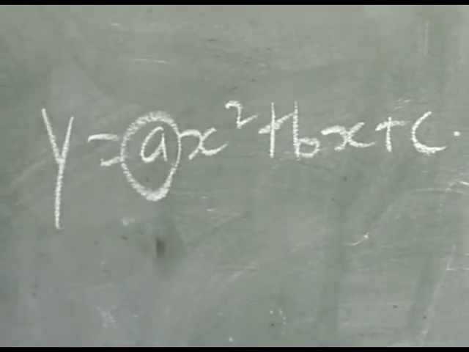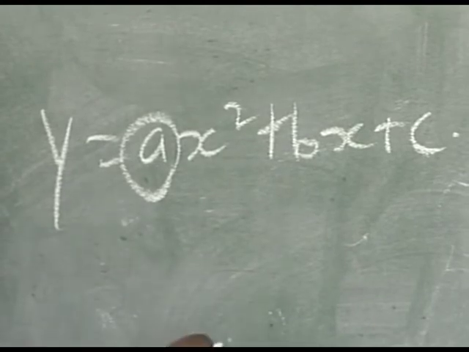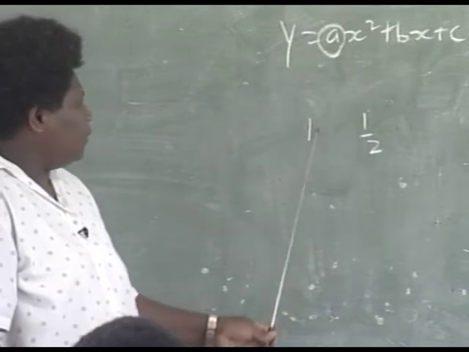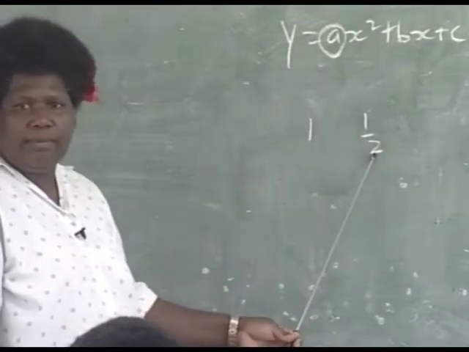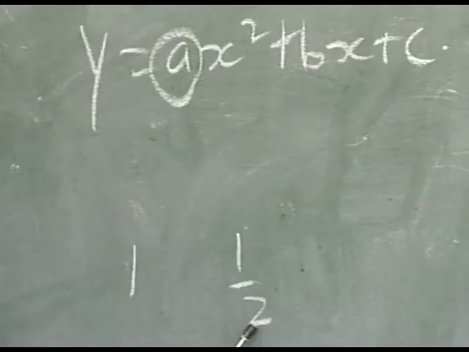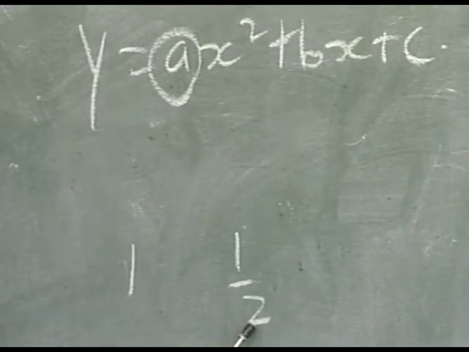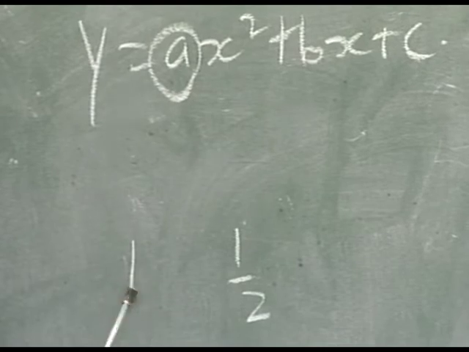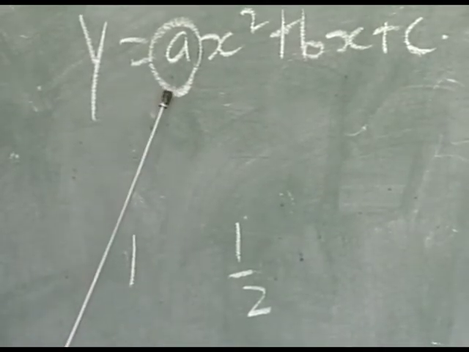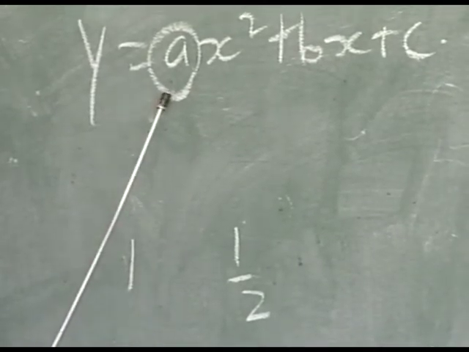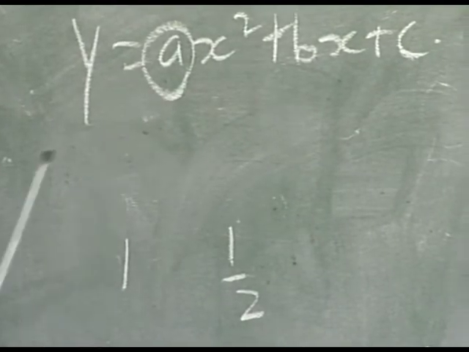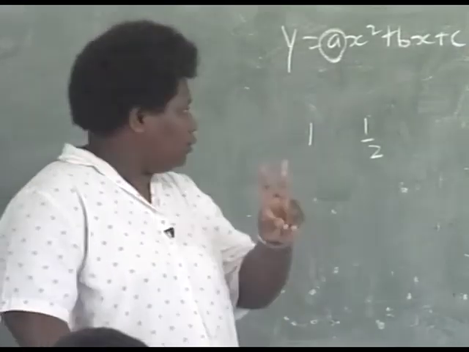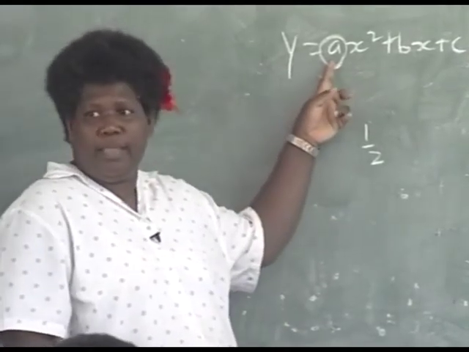If, let's say, one graph had a equal to 1 and the other had a equal to 1/2, then the graph where a is a half will be much wider than the one where a is 1. So the smaller the value of a, the wider. It also determines how wide or how narrow the parabola is. So those two things are determined by the value of a.